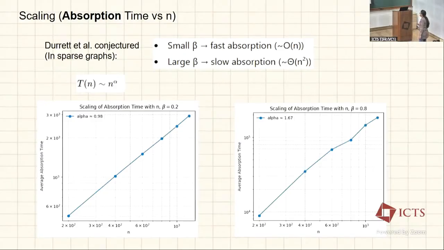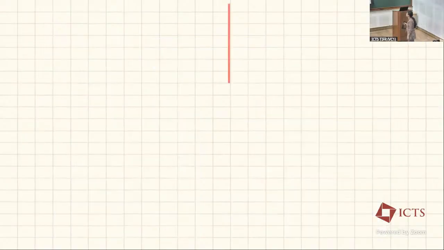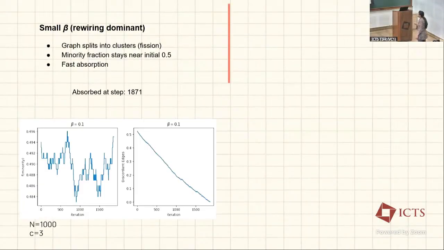Here we can observe that alpha tends to almost 2, near about 2. So the absorption time is proportional to n to the alpha, with alpha 2. And for small beta value, the rewiring step dominates rather than the voter model step.